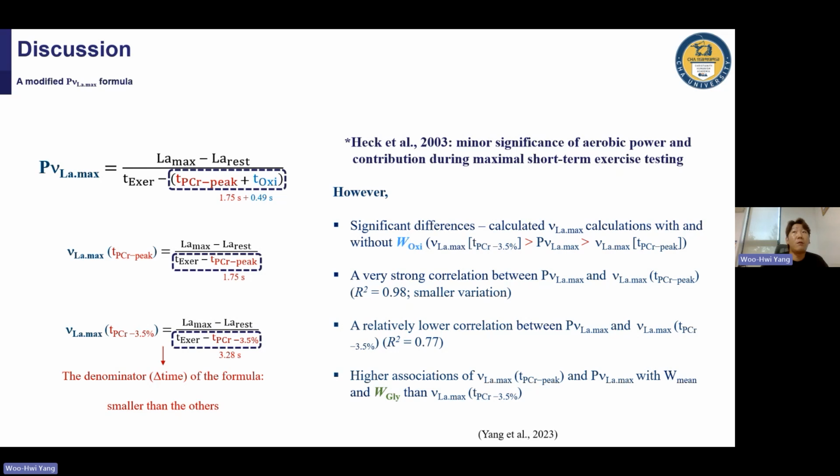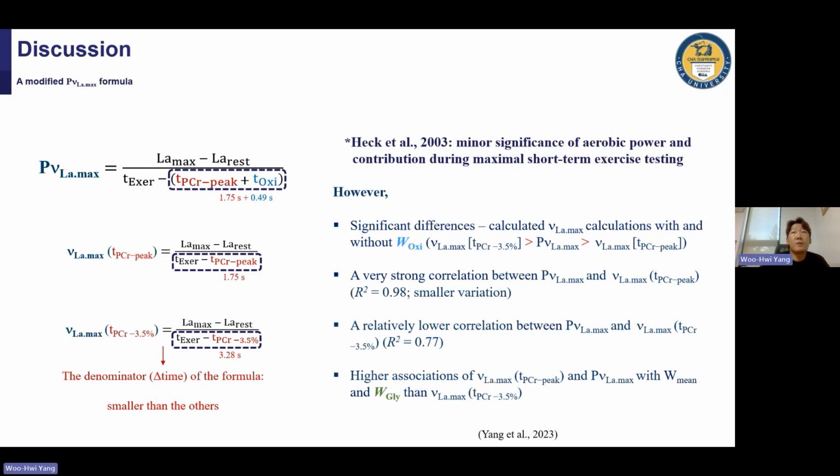Moreover, Heck et al. suggested that aerobic power and contribution are of minor significance, but our results indicate significant differences in the PvLa.max calculations with and without oxidative contribution. Therefore, oxidative metabolism should be considered when aiming to analyze a pure PvLa.max.